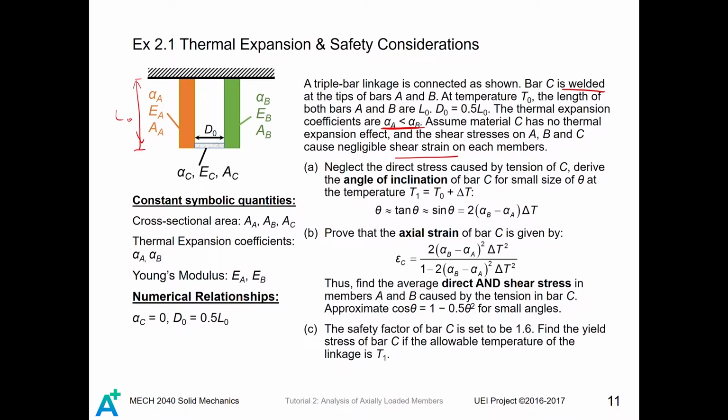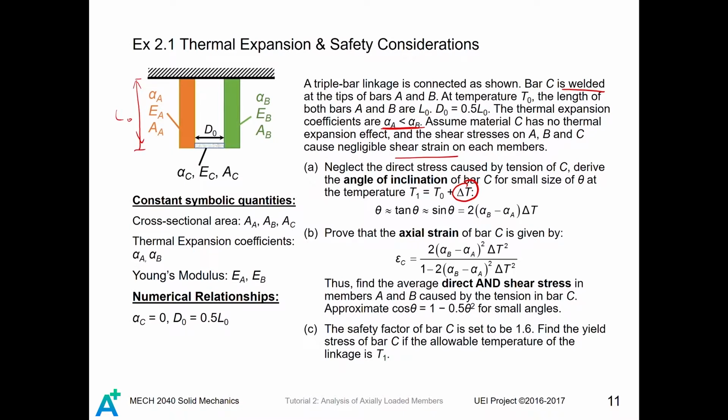Part A. Neglect the direct stress caused by tension of C. Derive the angle of inclination of bar C for small angles at the temperature T1. T1 equals T0 plus delta T, where delta T is the change of temperature of the system.